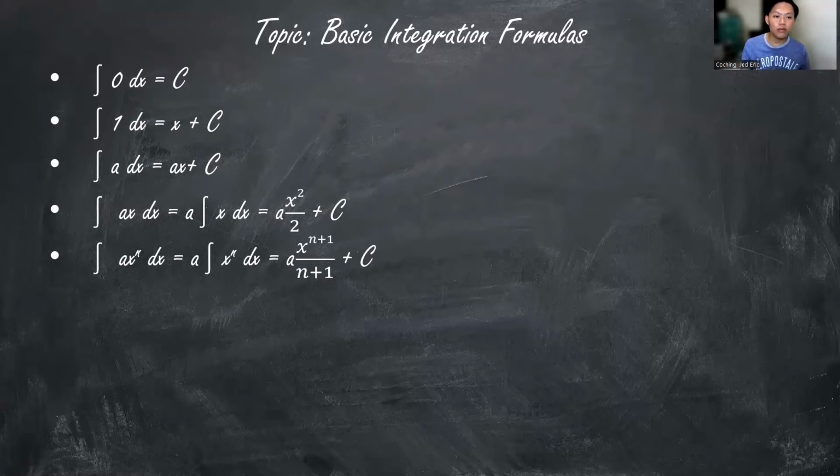So the integral of 0 dx is equal to c. The integral of 1, or any number, is equal to x. And the integral of 2 dx is equal to 2x plus c.